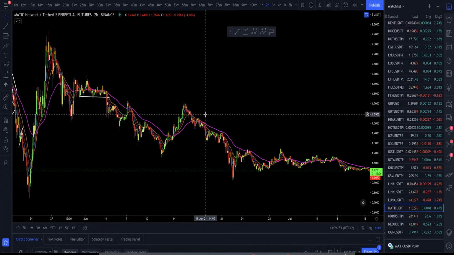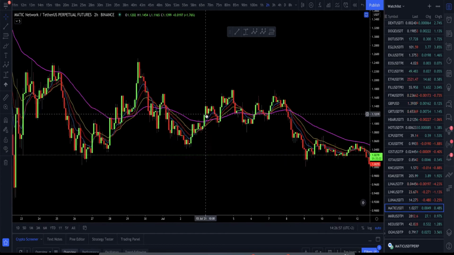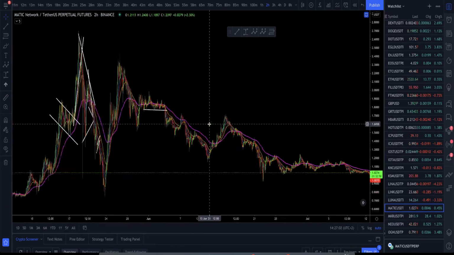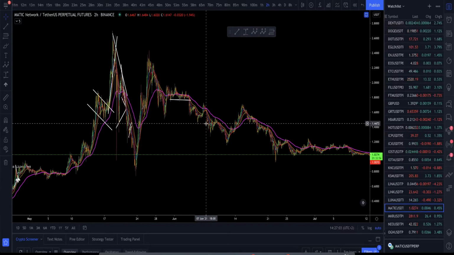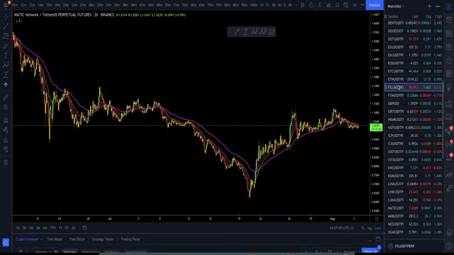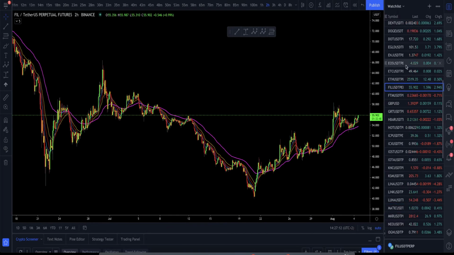What I actually really want to say using the trend line, let me see, let's go to some doji.